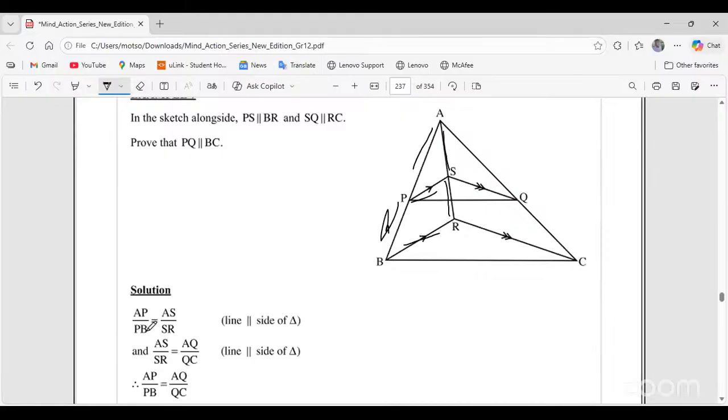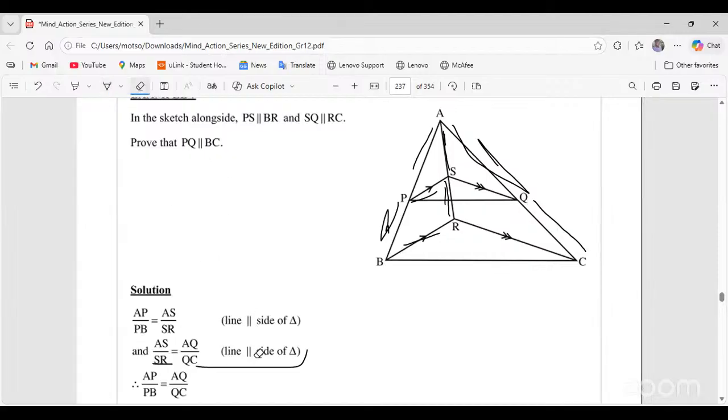Perfect, that's what they did in this step. Let's go to the next one. Now we have the ratio AS over SR, which is equal to the ratio AQ over QC. Why? Because the proportionality theorem is applicable here since SQ is parallel to RC.